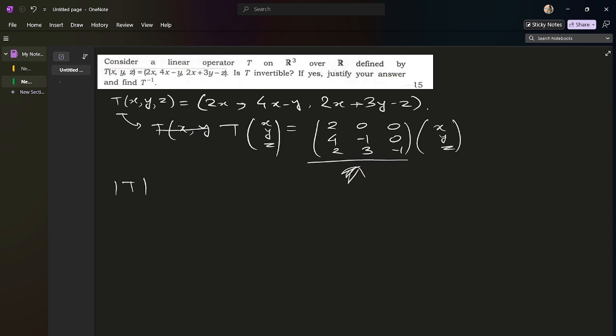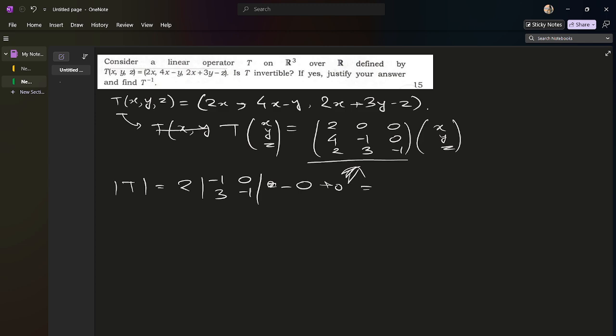The determinant of T will be calculated as 2 into the minor (minus 1, 0; 3, minus 1), then the other entries are 0, so minus 0 and plus 0.